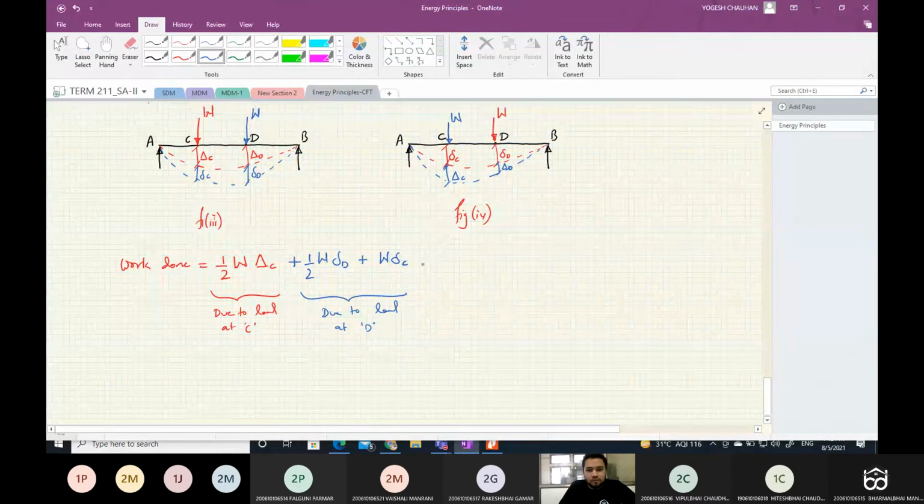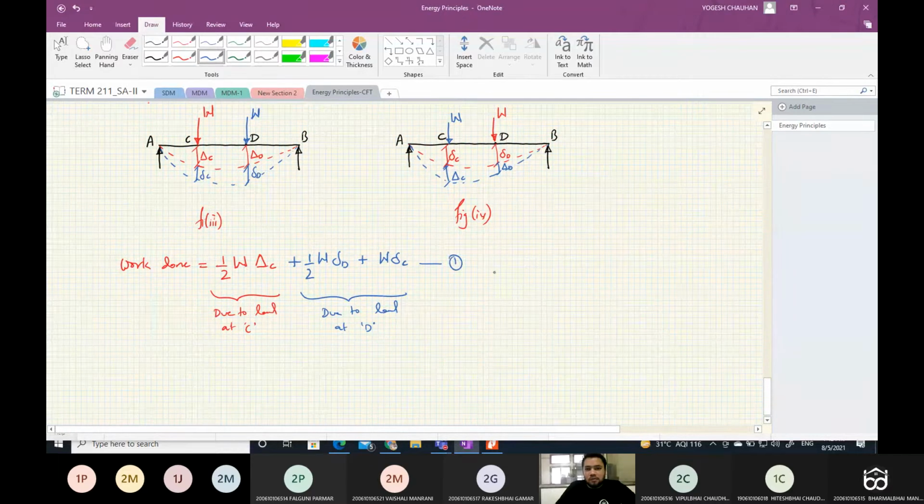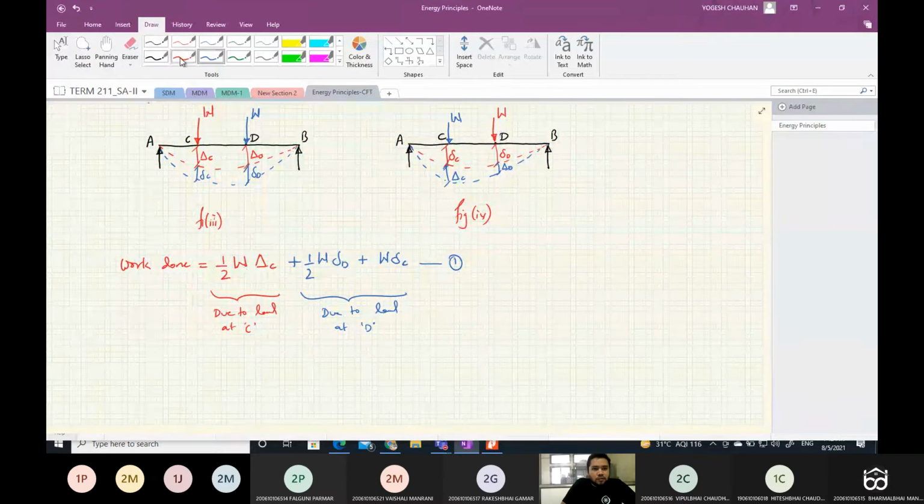Mark this as number 1. This is from figure 3.